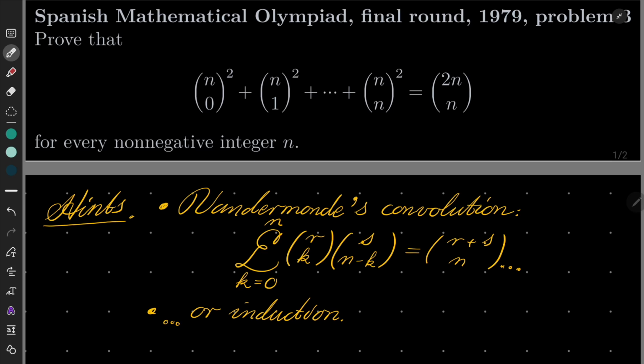So upper indices are added and lower indices somehow are added as well. And this entire sum disappears. Knowing that formula makes the previous problem almost trivial.